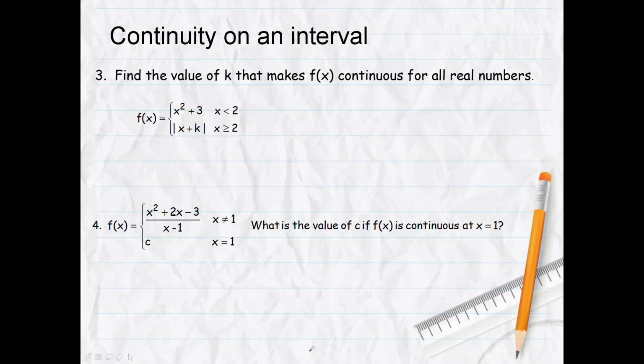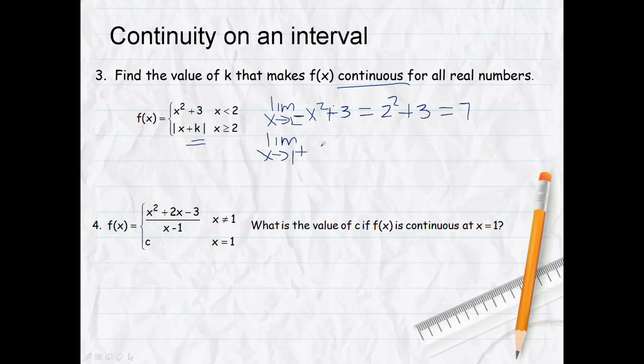All right, now knowing that, we can find some values. So look here, I have a constant k in this function. So in order to figure out what k is, if it's continuous, I'm going to do the limit from the left. And from the left, I'm using that x squared plus 3, which is 7. The limit from the right is going to be equal to 1 plus k.